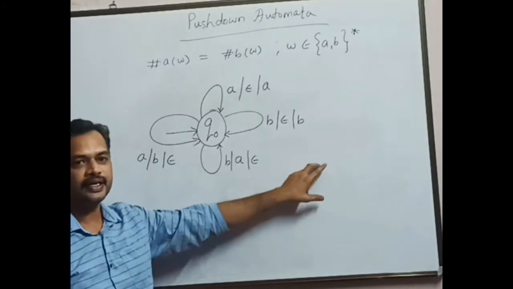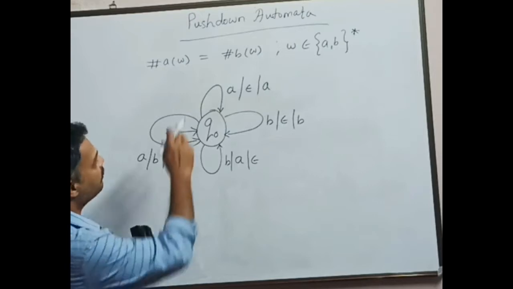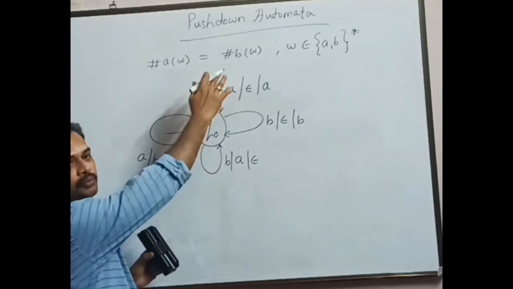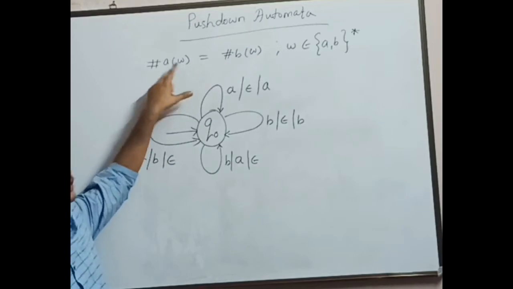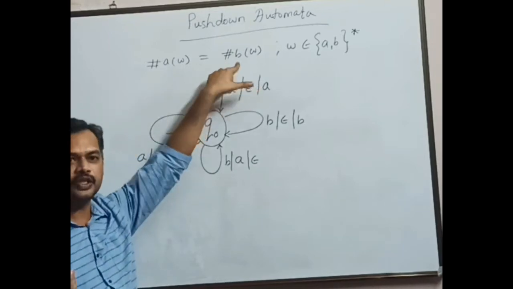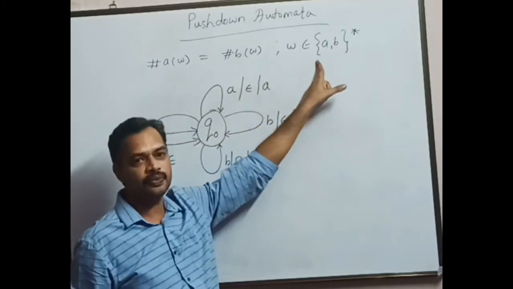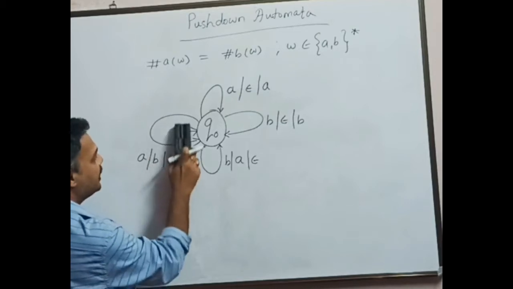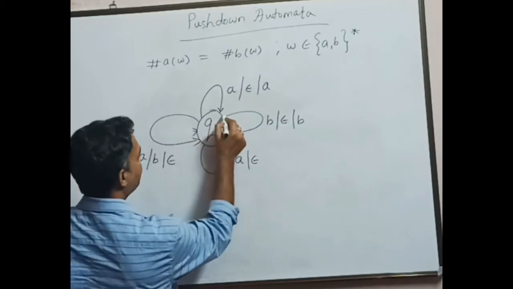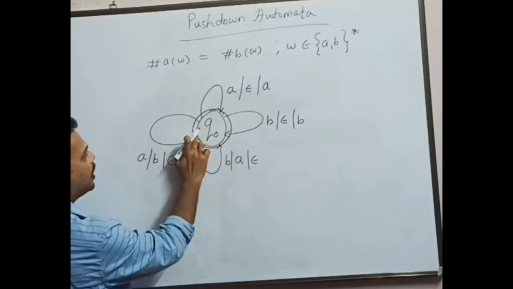Since the number of A's is equal to the number of B's, there may not be any A's and any B's, that is 0 A's and 0 B's. That also stands, so the same initial state can also become the final state. So you can remove the arrow in that regard.